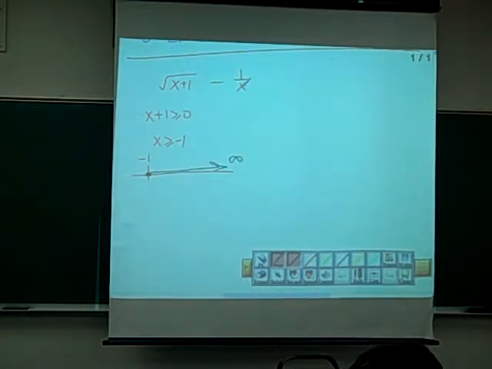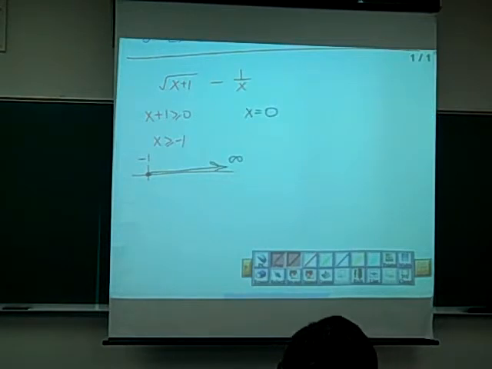Now this 1 over x: does that mean x equals 0? You can't have a 0 in the denominator, so x cannot be 0.